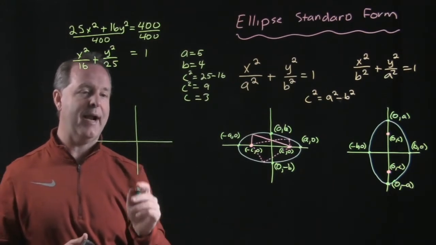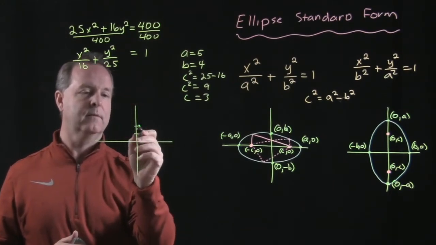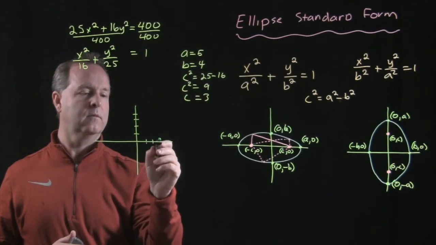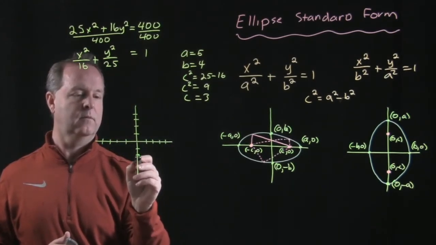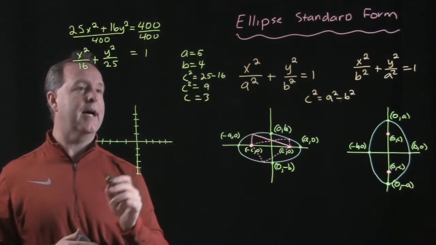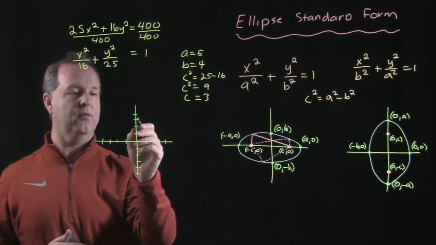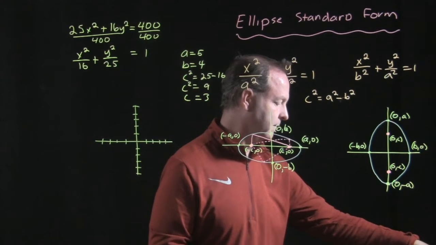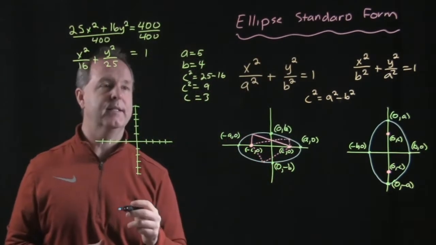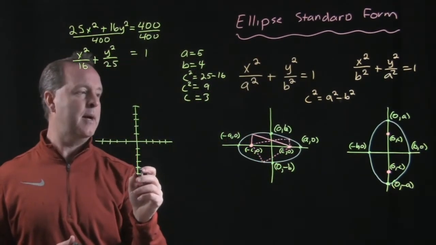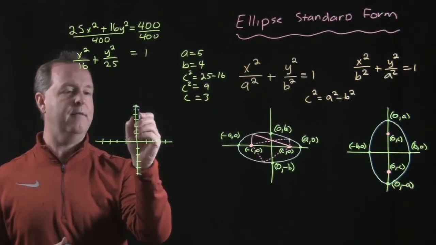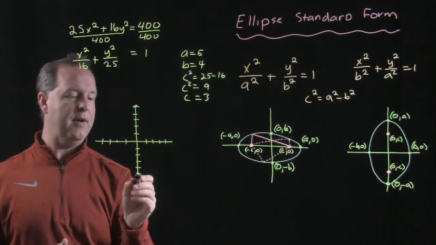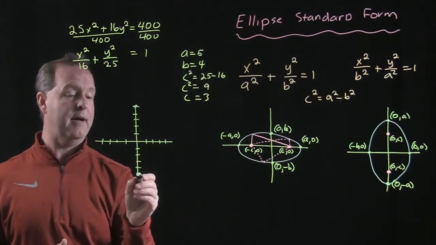Remember, we said its major axis is the y-axis. And its highest value, A, is 5. 1, 2, 3, 4, 5. We have some key points now. So I know along the major axis, my first point is at 0 and 5. The other endpoint is the point 0 and -5.